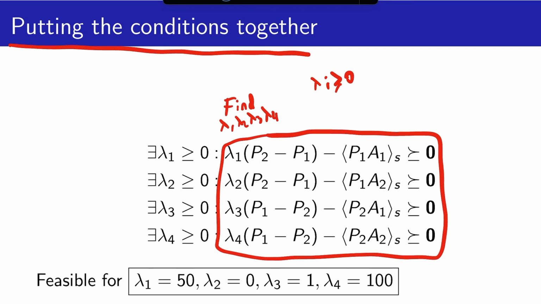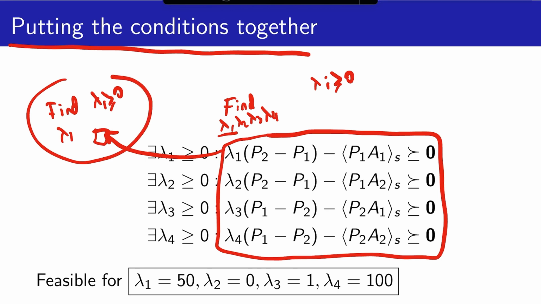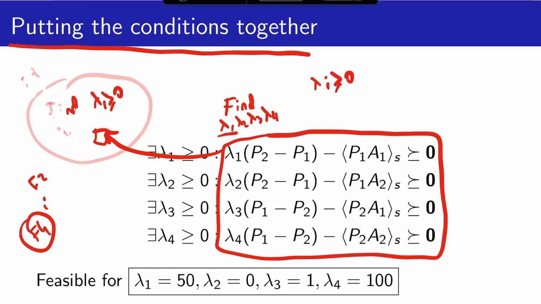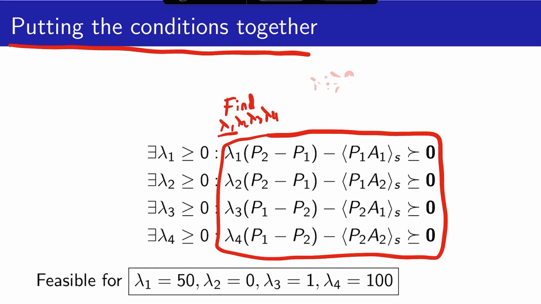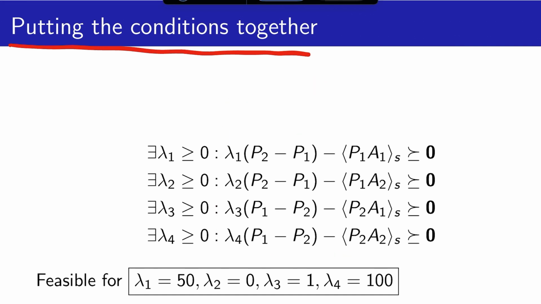We don't need to put all of them together. We can have: find lambda 1, where lambda 1 is non-negative, and then we can have this condition, and we would call this feasibility problem number 1, and then we have 2, 3, and then we have 4. So this is it. This also has a nice structure in addition to the structure that we have.